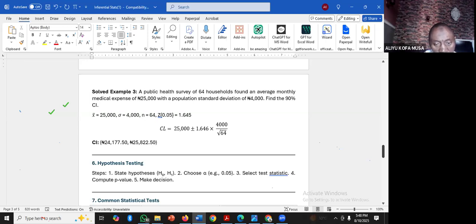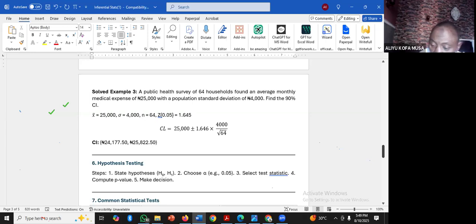So you use it. If you are constructing the interval, then there is the equation: x mean plus or minus z alpha over 2 times the standard deviation all over the root of n.